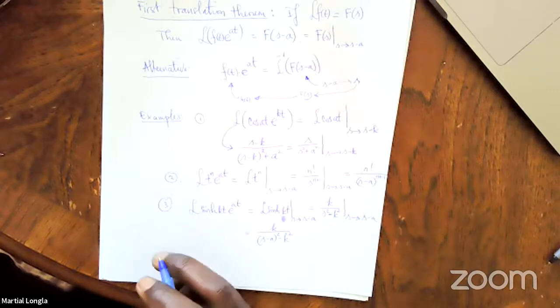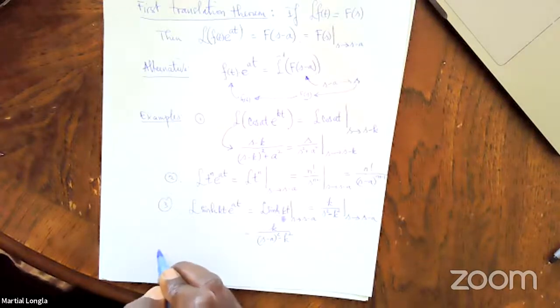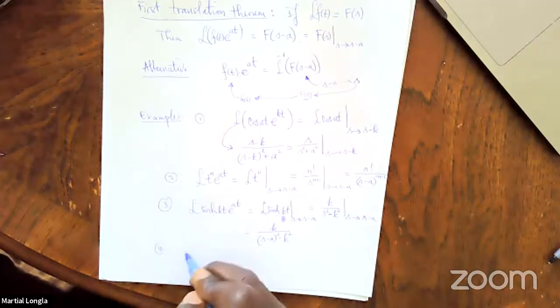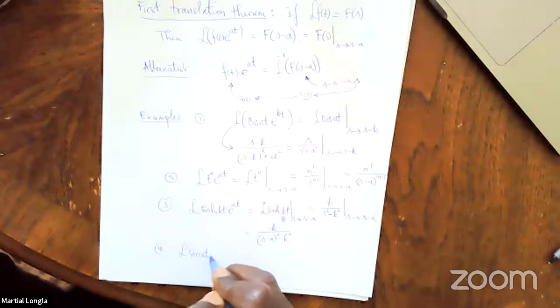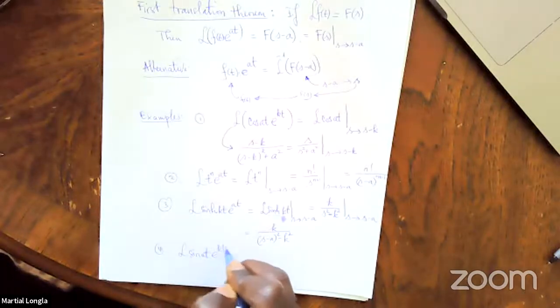Now let's go with this one. So how would we get the Laplace transform of sin(at) e to the kt?